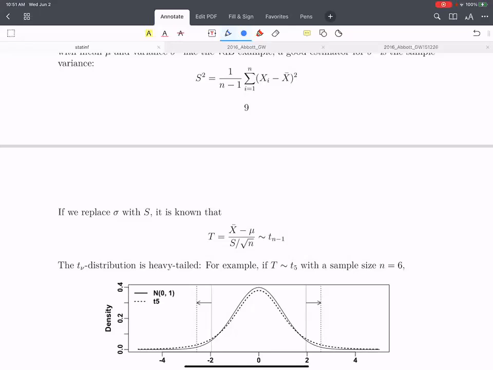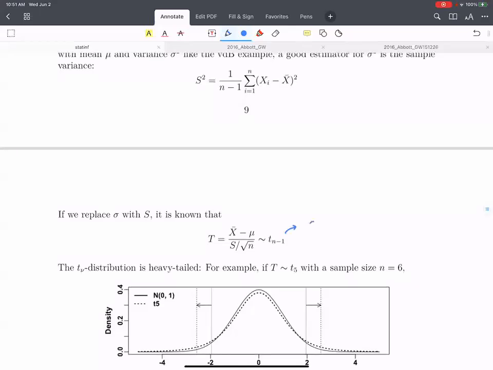This is also called the Student t distribution, because the distribution was published under the author name Student, since the person didn't want to disclose his name under the policy of the company he was working for.